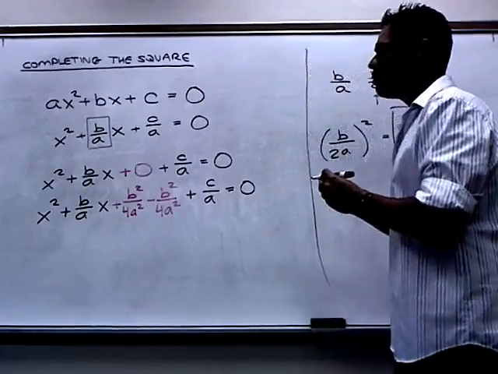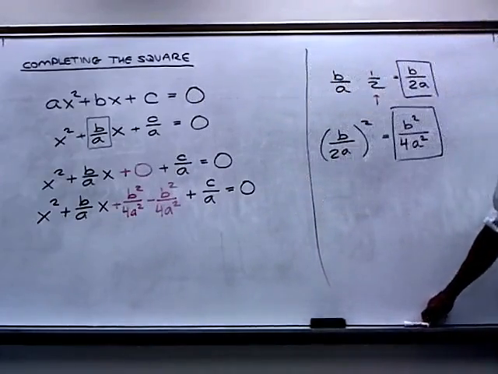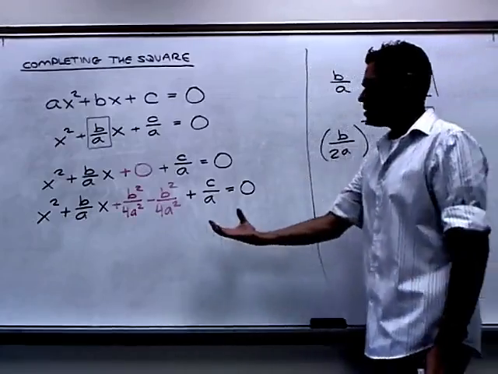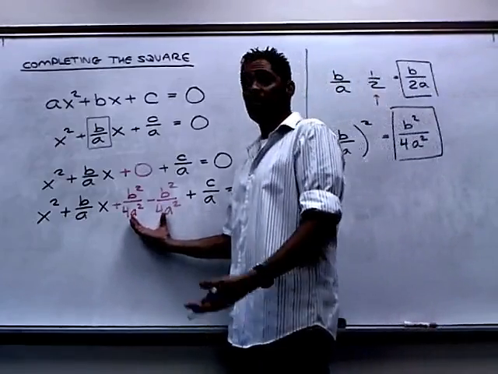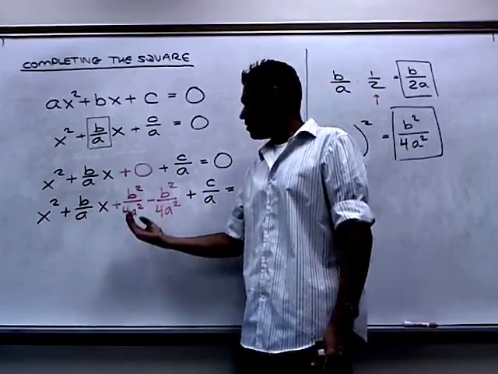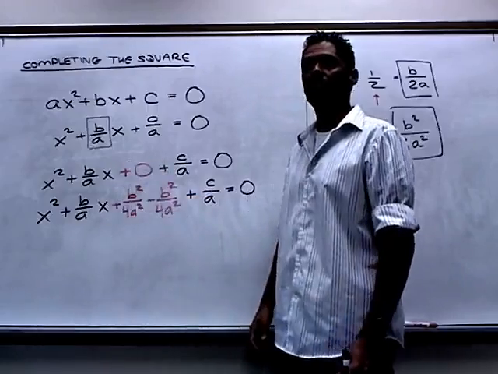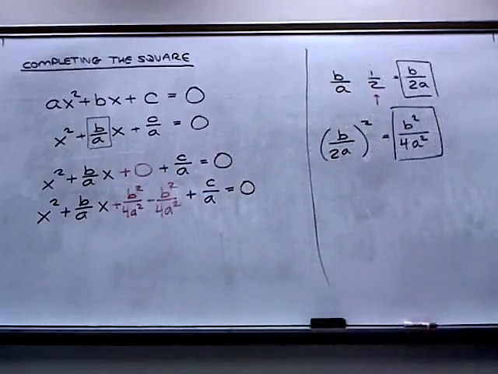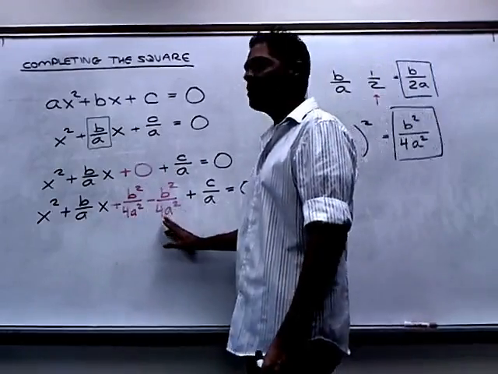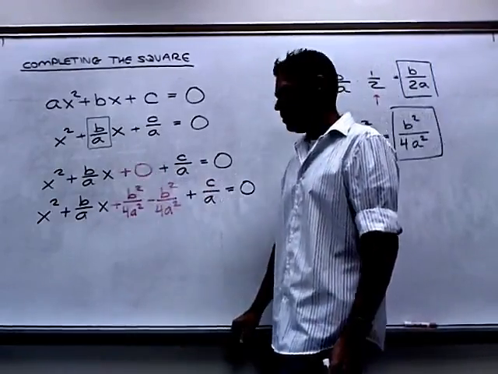Have I changed the problem? Why not? Because this is a 0, isn't it? This is still 0. Something minus itself is still 0. So I have not changed the problem. It's still the same. But why did you put minus? Well, if I'm going to add something, I have to take it away for it to be a 0, right?